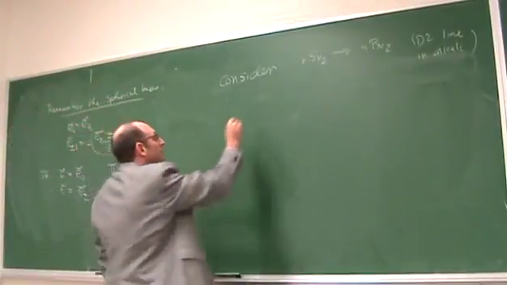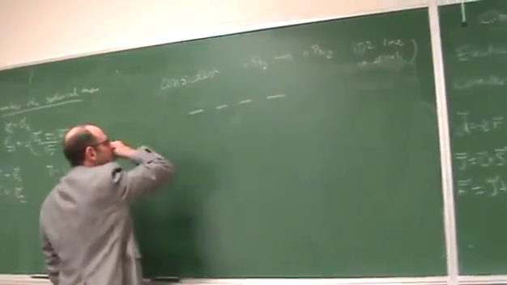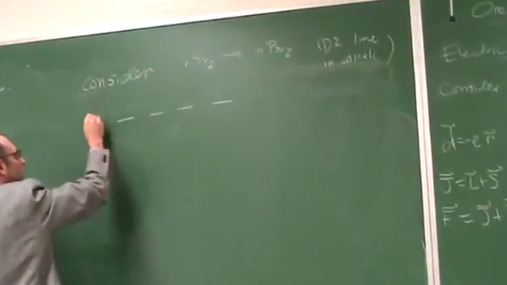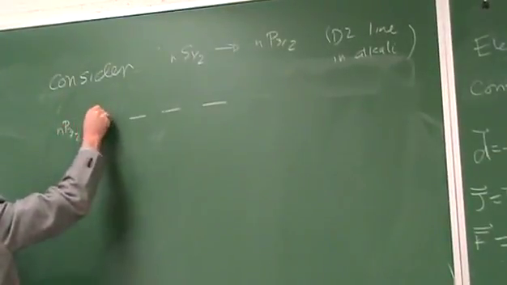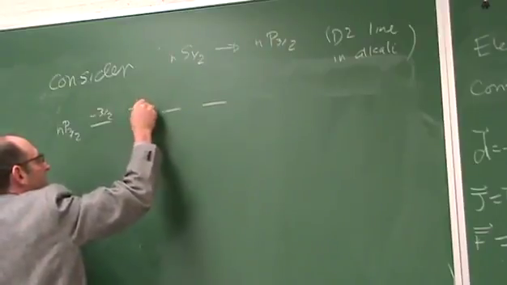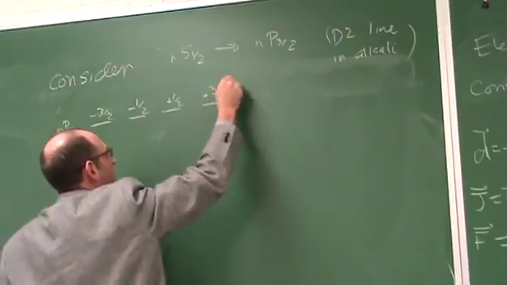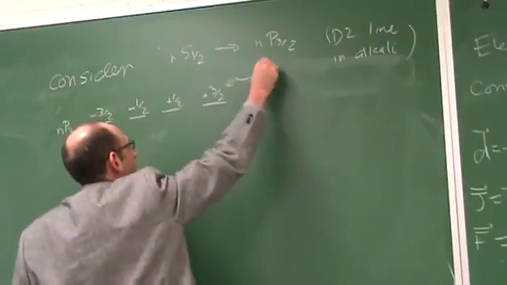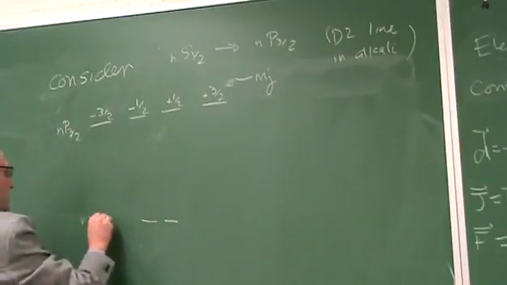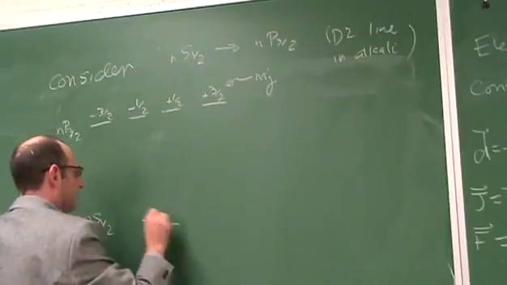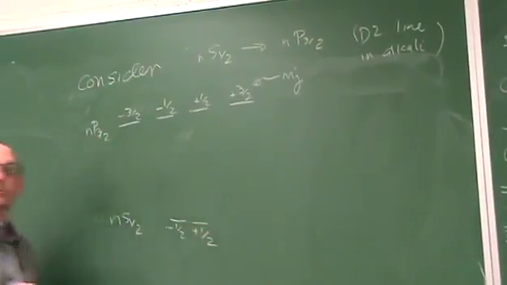So, we have here four magnetic sublevels associated with this excited state. These are the MJ values. And then we have 2 for the spin of the electron in the ground state. Okay?